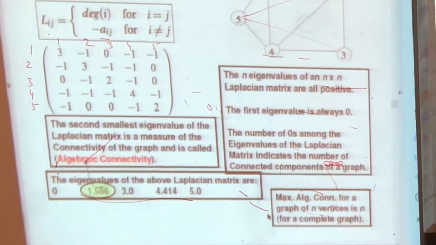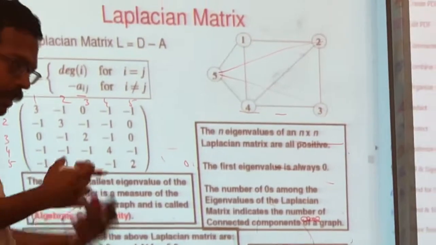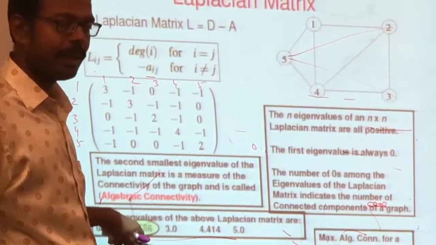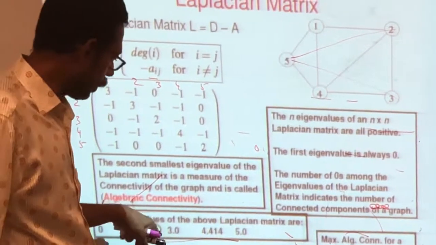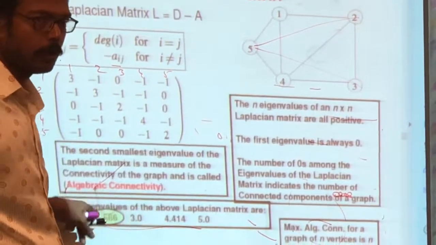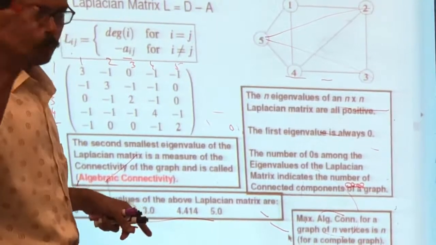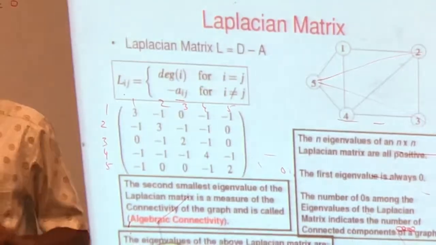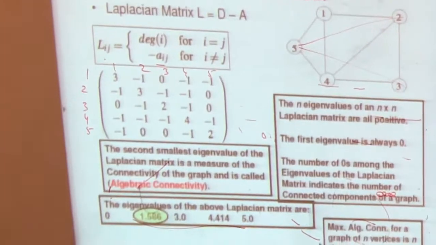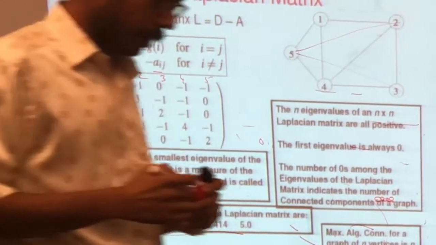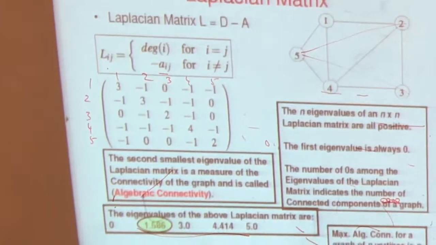Okay, so now you can have a deeper understanding of how connected the graph is. It's 1.586 and it could go all the way up to 5. You can even take the ratio if you want to have a feel of it. On a relative basis, you can understand how connected the graph is. Is that clear? For a given graph alone, you can measure the extent of connectivity.